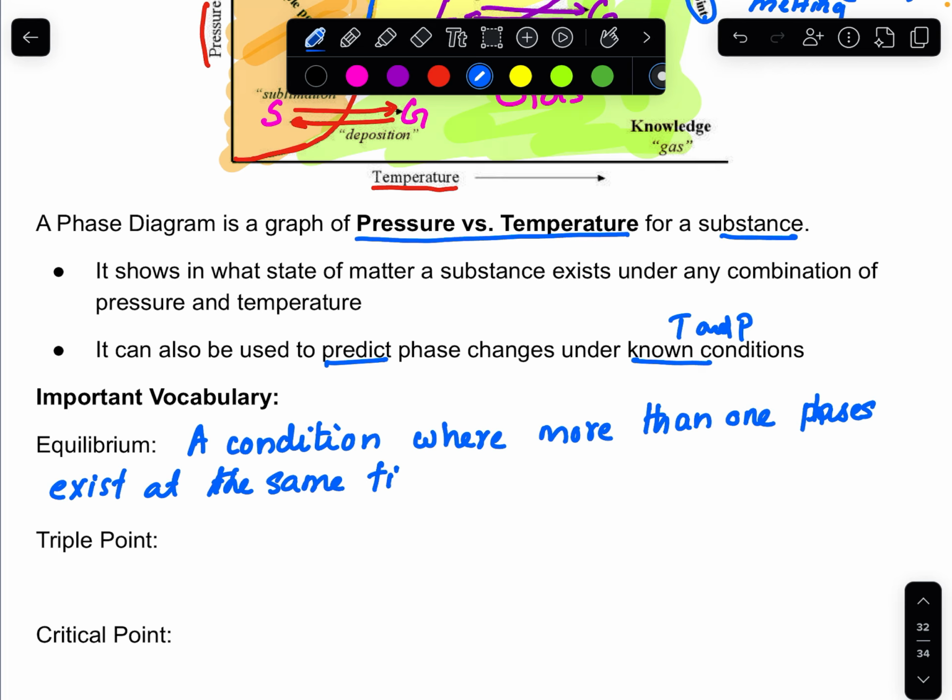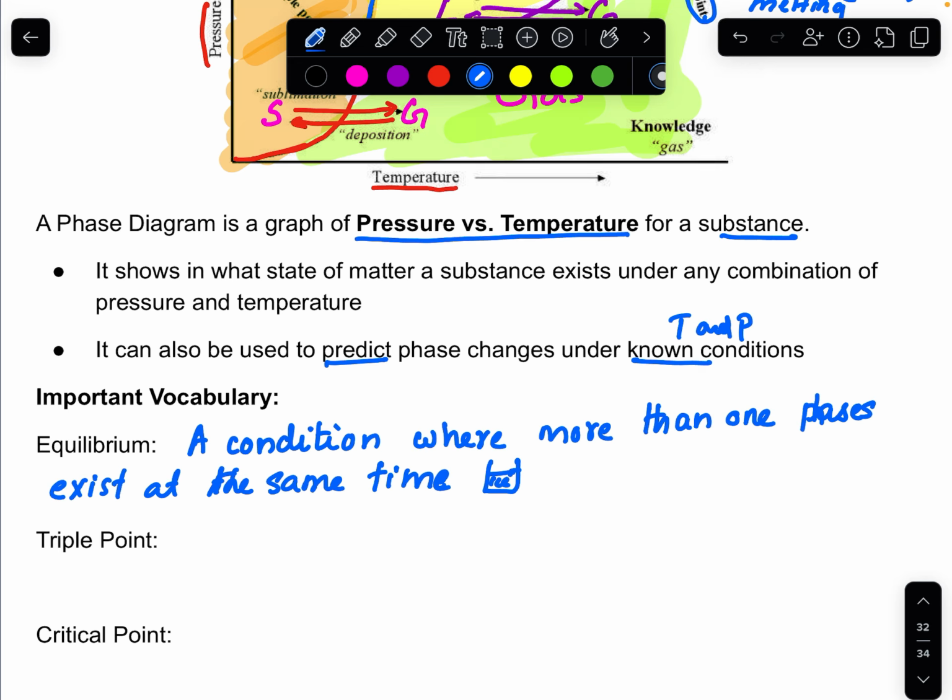Okay, one very good example you already know: if you have a cup of ice and you add a little bit of water, like we did in an experiment for heating curves, there is maybe 50% ice and 50% water at 0 degrees Celsius.